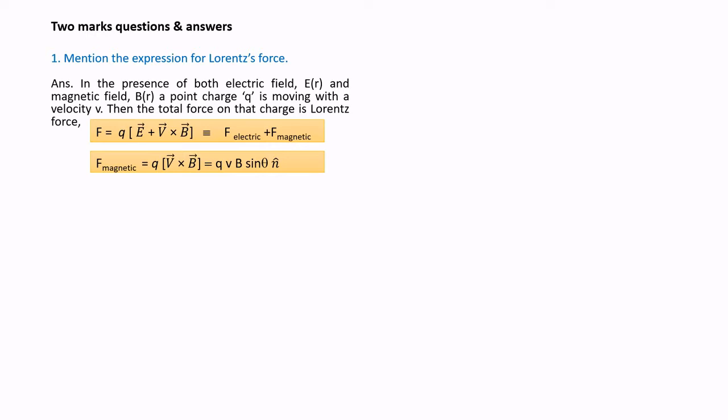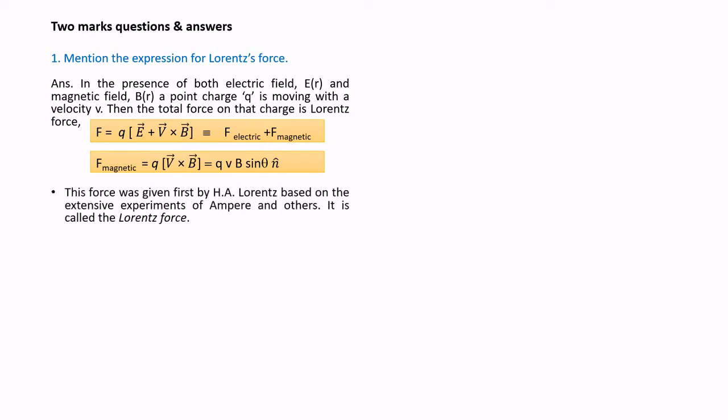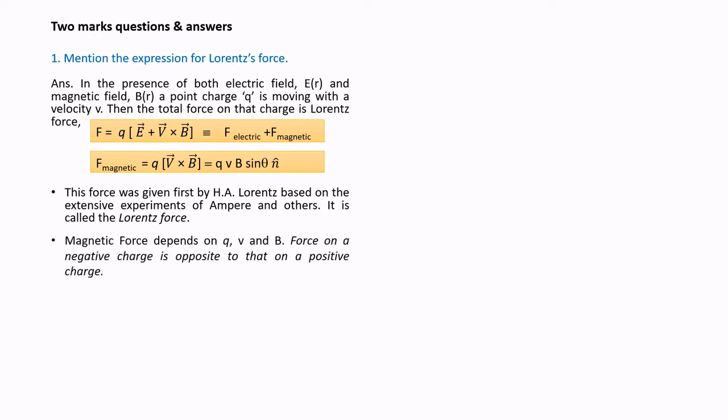F magnetic, force due to magnetic field, is given by q into v cross B. That is given by qvB sin theta into n hat, where n hat is a unit vector. This force was given first by H. A. Lorentz based on the extensive experiments of Ampere and others. It is called Lorentz force.